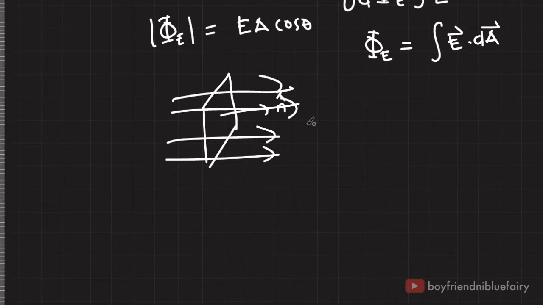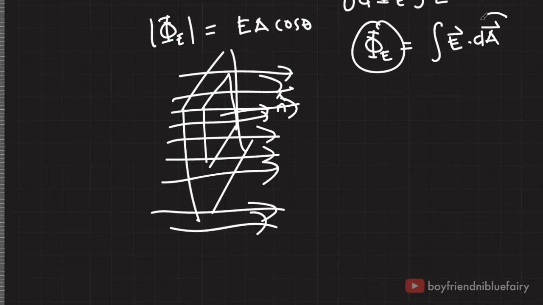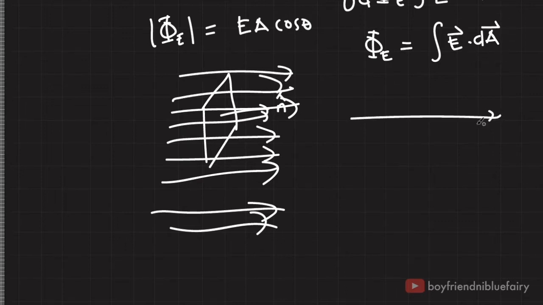Then obviously the electric flux is greater if there are more electric field lines passing through the surface. Electric flux is directly proportional to electric field. Also, if you try to increase the area of this surface, then more electric field lines will be able to pass through that surface. This equation is consistent with the fact that electric flux is directly proportional to the magnitude of the area vector. Let me rewrite the electric field lines here.